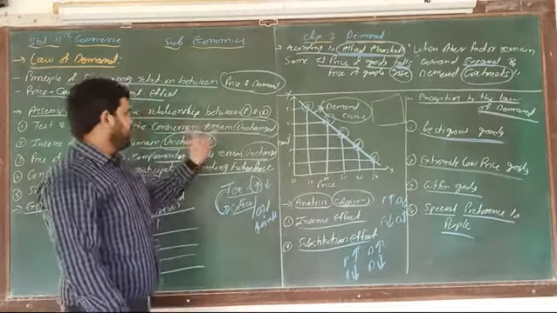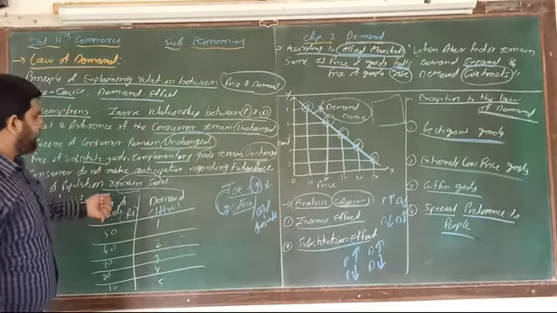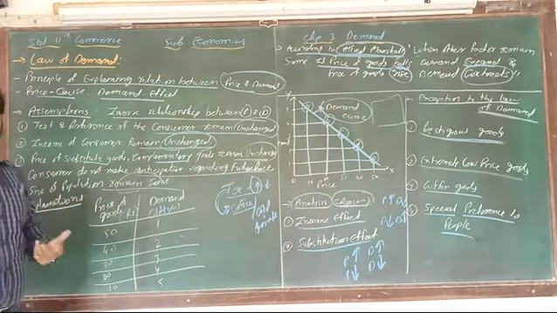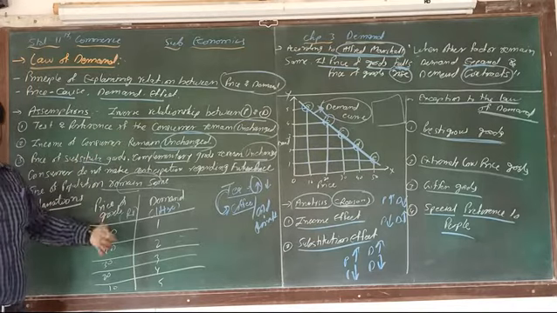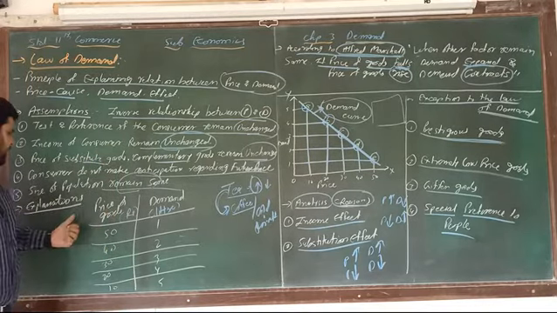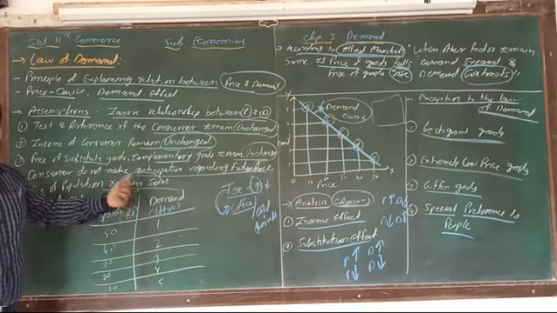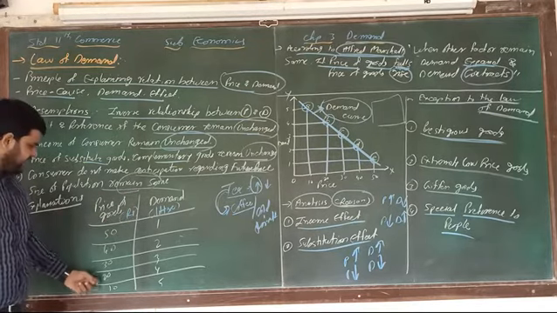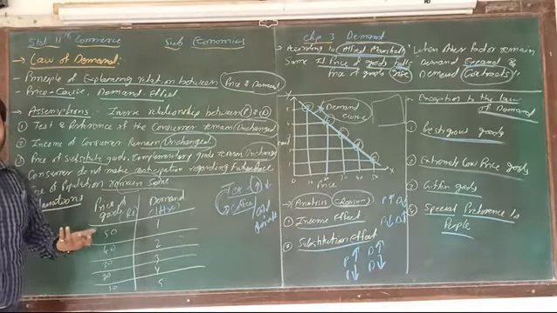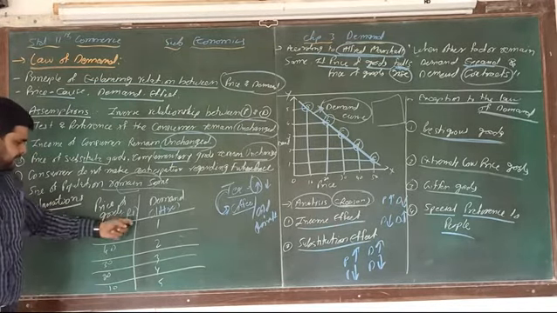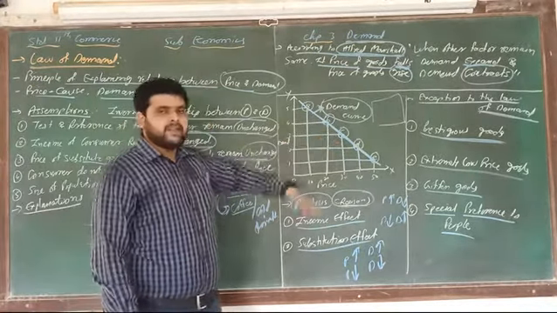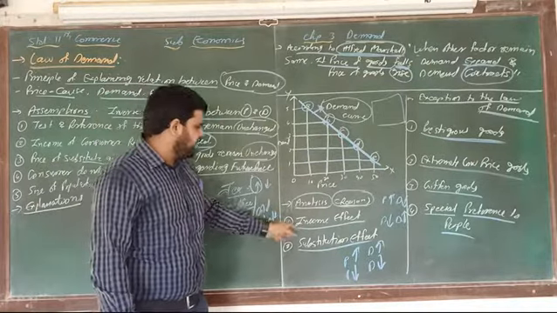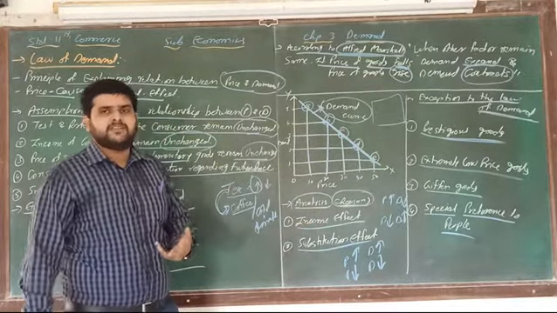Factors other than price are taken as unchanged, which are the assumptions. With the help of a table and diagram, we explain the law of demand. If price decreases, demand for goods increases. In the same way, if price increases, demand decreases. There are two reasons: number one, the income effect, and second, the substitution effect.